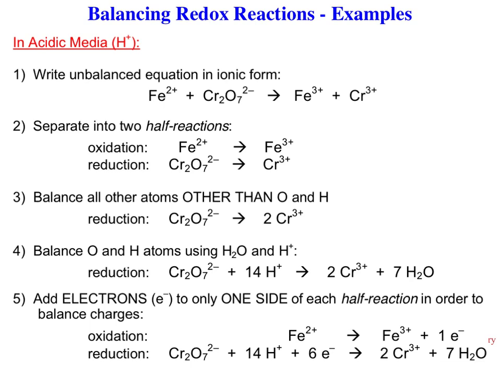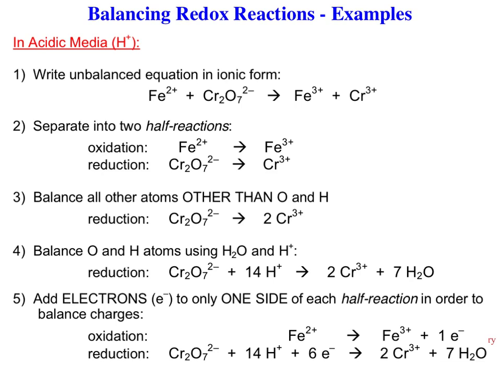I have also added some slides that will systematically walk you through the balancing of the equation as well. So again, here's our unbalanced equation. We're going to separate them out into the oxidation half reaction and the reduction half reaction. I'm going to need to balance all of the other atoms other than oxygen and hydrogen.